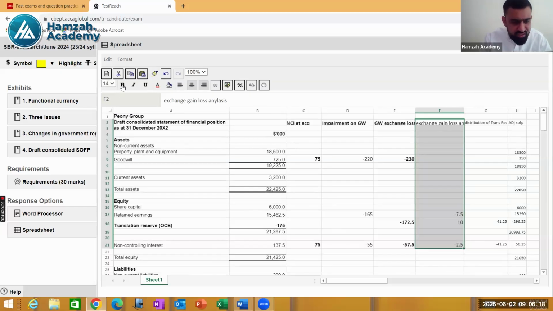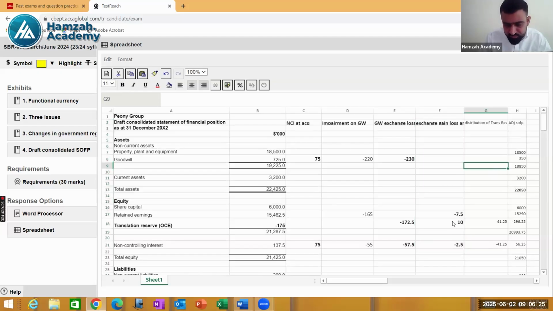So when we rectify that error, the loss of 10 will be reversed. So the translation reserve will be credited with $10. So 175 negative, positive 10, it will give you 165.